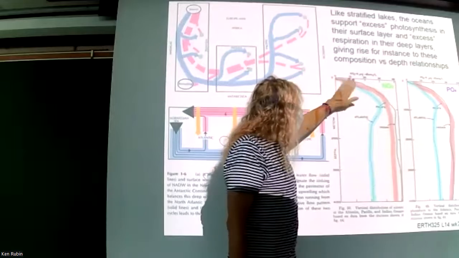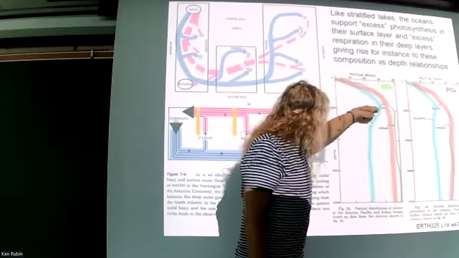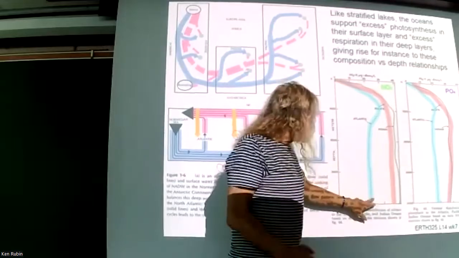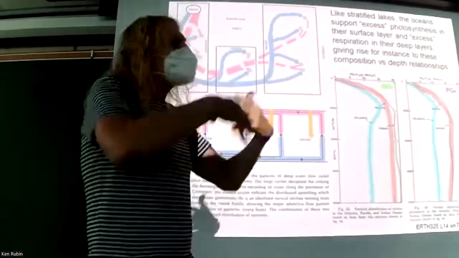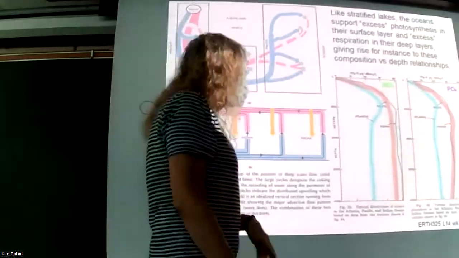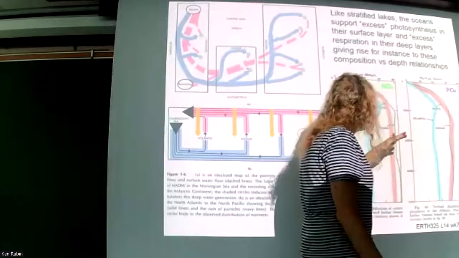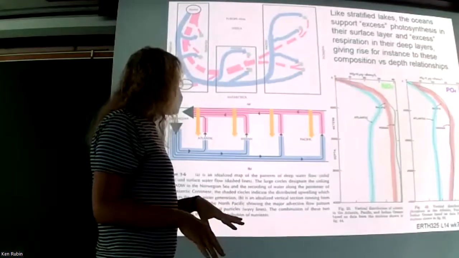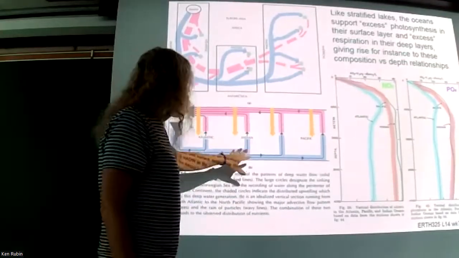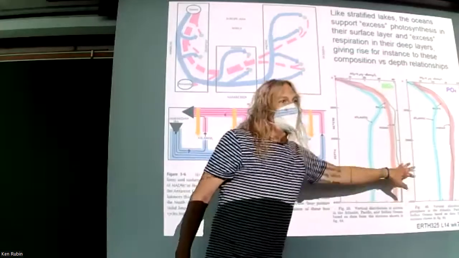The surface water is about the same, but nitrogen ends up in the deep water a lot less in the Atlantic than in the Indian and Pacific Oceans because of these infalling particles. Same thing for phosphorus. Interestingly enough, most of the action happens in the Atlantic Ocean. The Indian and Pacific are not all that different.